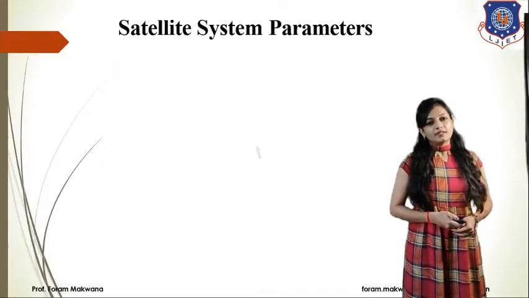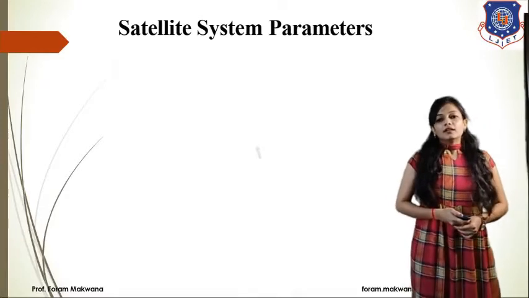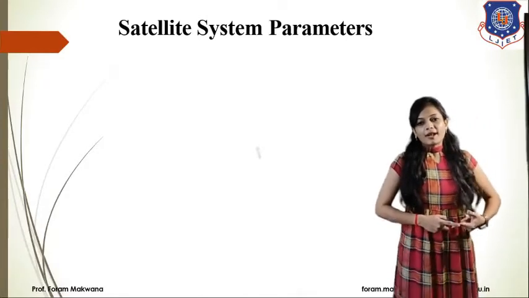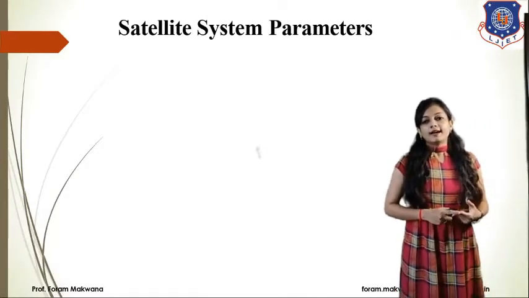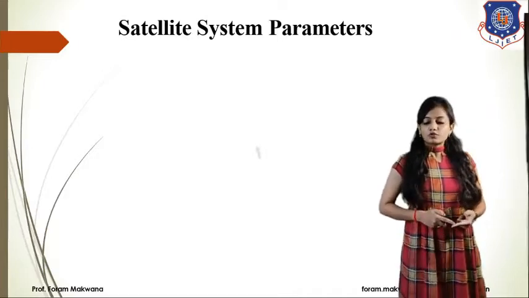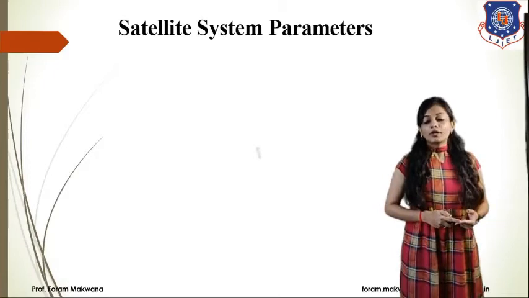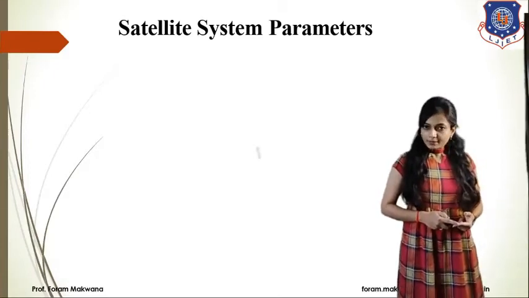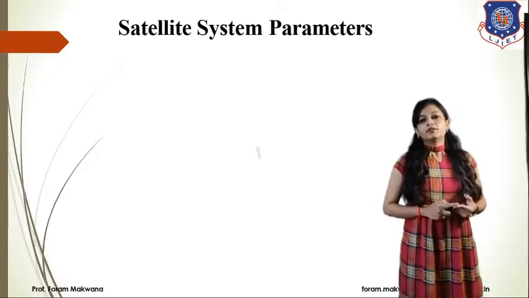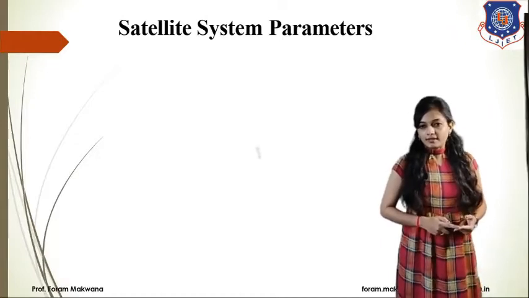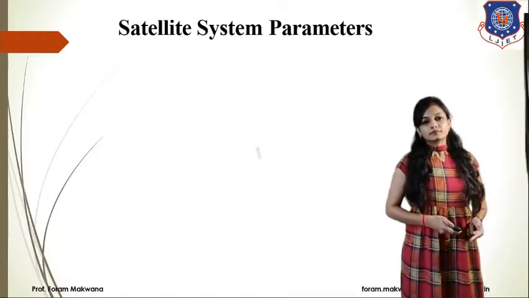As we have seen, one of the most important parameters is EIRP, which is also known as effective isotropic radiated power, that is a product of transmitted power and the gain of transmitting antenna. Alright?